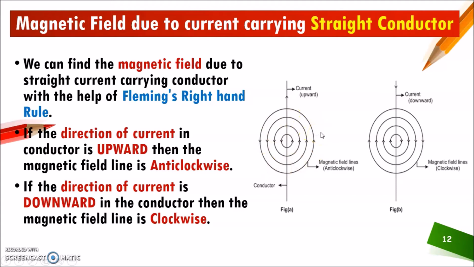If the direction of current is from north to south, the deflection of the magnetic needle is towards the east, in this direction. Is it clear, students?